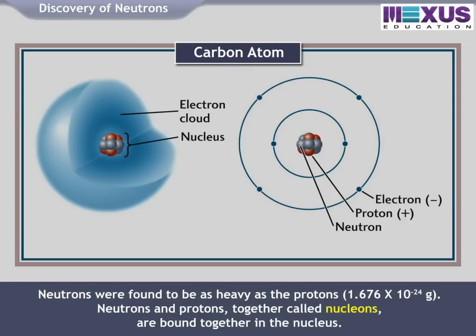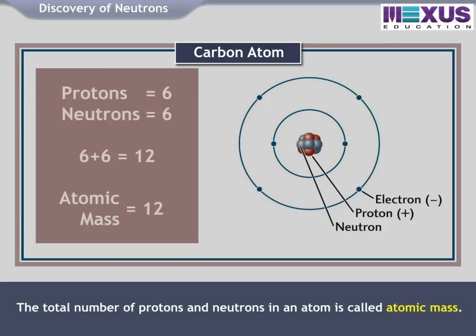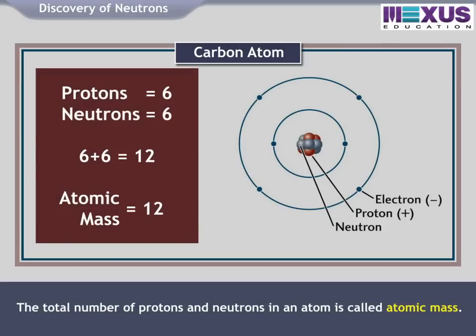They were found to be as heavy as the protons. Neutrons and protons together, called nucleons, are bound together in the nucleus. The total number of protons and neutrons in an atom is called atomic mass.